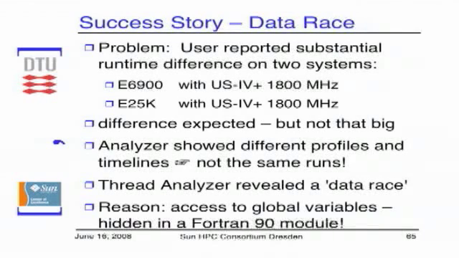And I would have expected a difference in runtime. Those of you who are familiar with those machines know that there might be a longer runtime due to the layout of the E25K, but the difference was big. And it turned out that there was a data race, so it was not the same run on both machines.